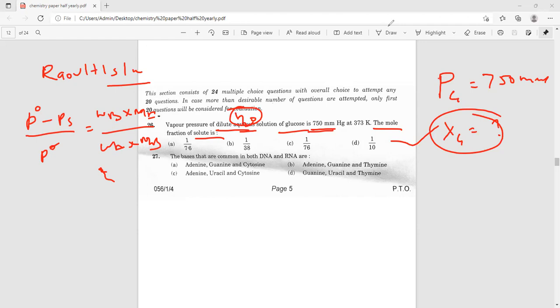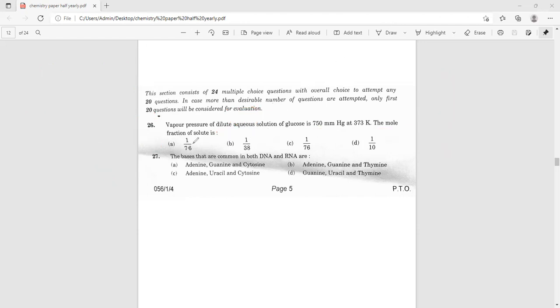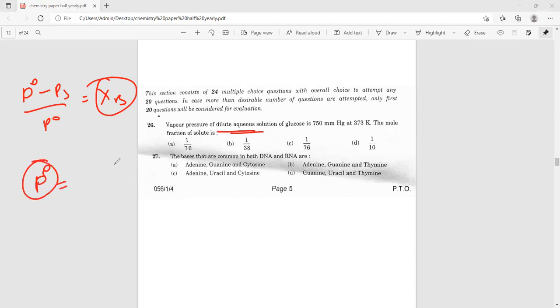And mole fraction we have to find directly: (P naught minus Ps) upon P naught is equal to the mole fraction of solute, XB. The vapor pressure of water we know is 760 mm at 373 K because of 1 atmospheric pressure.